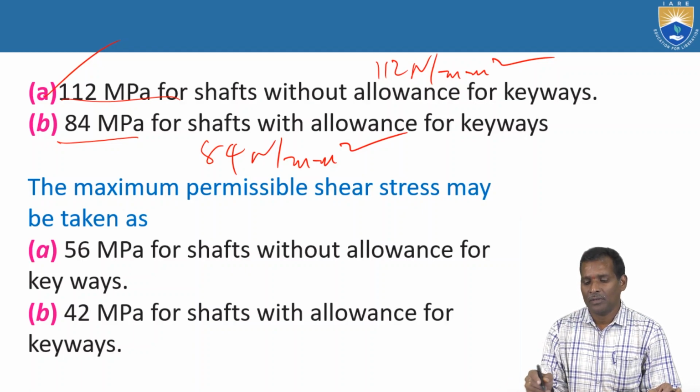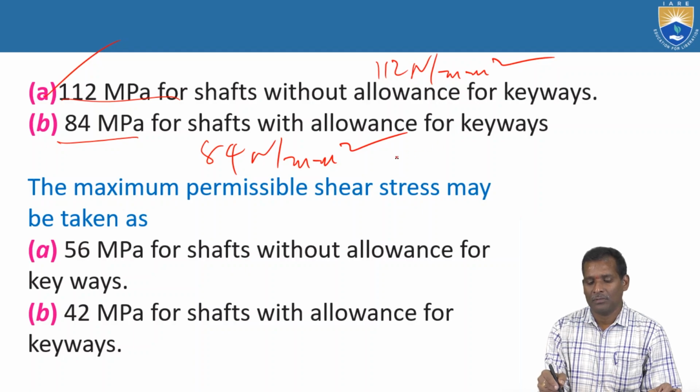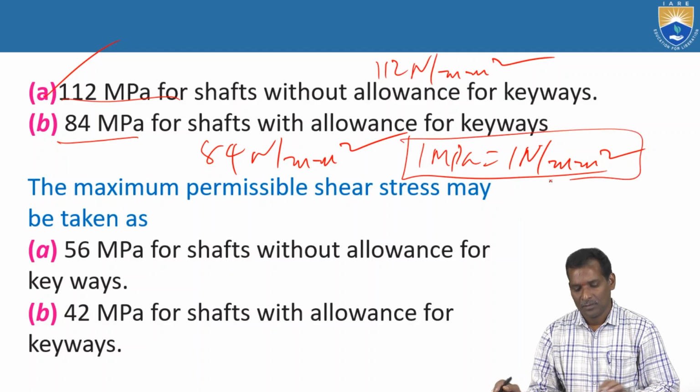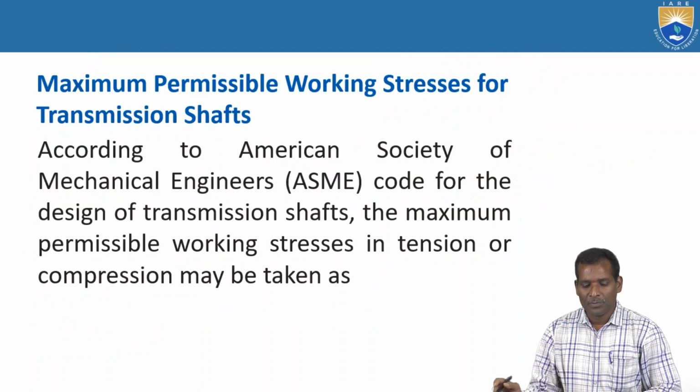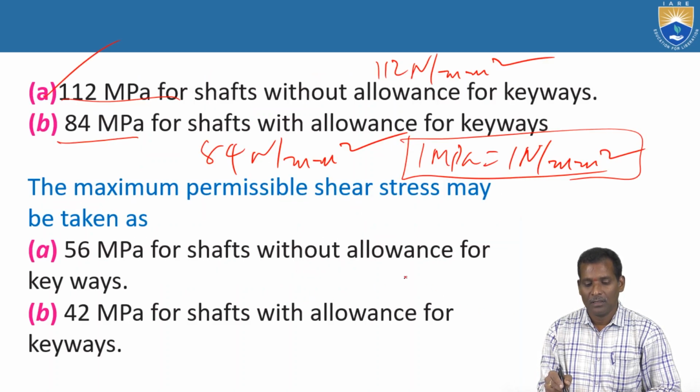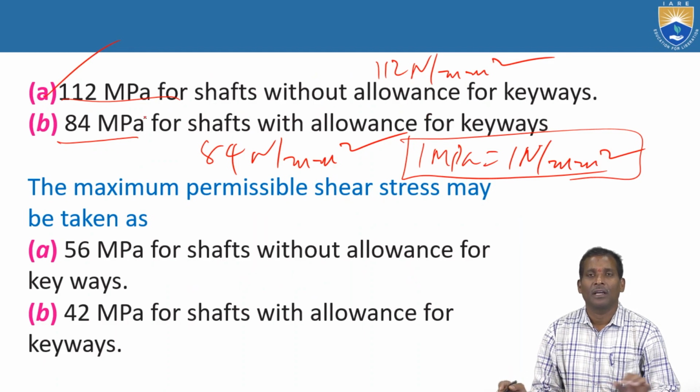Convert 1 megapascal into Newton per mm square: 1 megapascal is equal to 1 Newton per mm square. So as per the ASME code, the permissible working stress is 112 Newton per mm square without allowance for keyways and 84 with allowance for keyways.